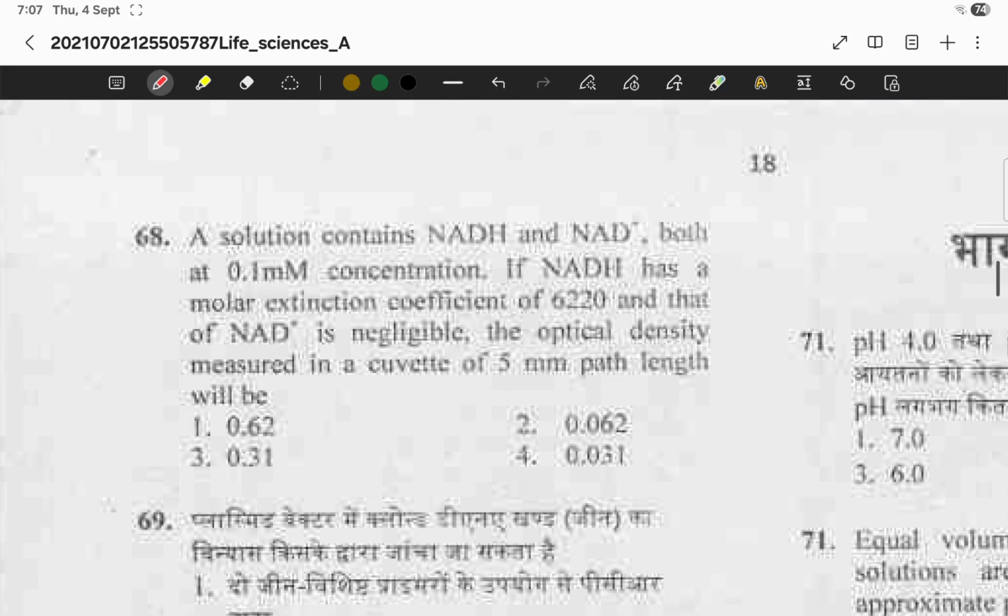A solution contains NADH and NAD+, both at this concentration. If NADH has a molar extinction coefficient of this and that of NAD+ is negligible, the optical density observed in a cuvette will be... Absorption is equal to epsilon times c times l, where l is the path length.